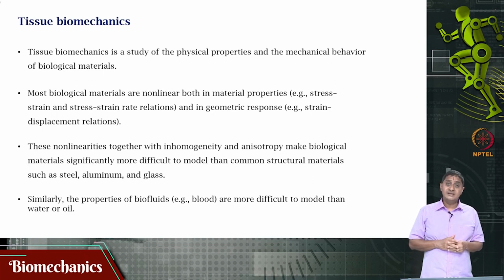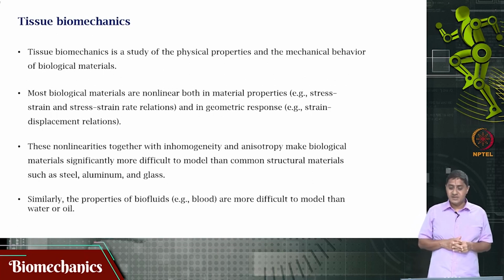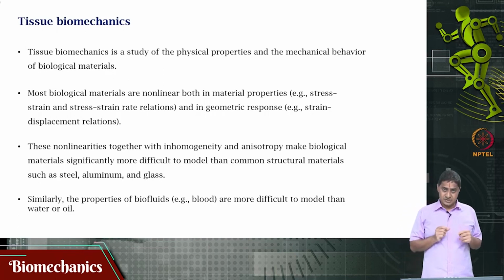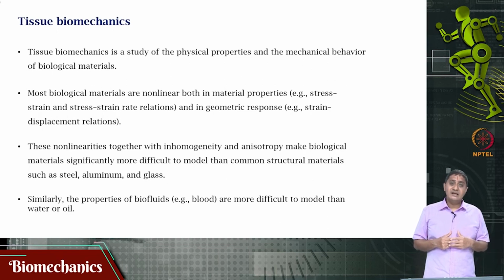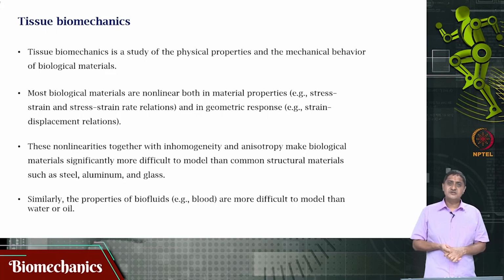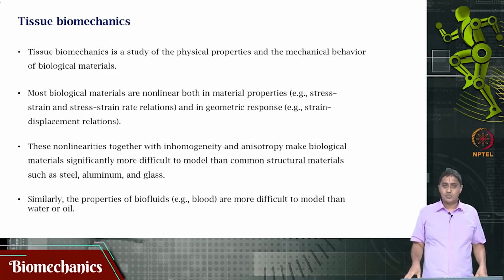The other one is isotropy. If I study a property in a particular direction and find a certain characteristic in that direction, the material has the same property in the other two dimensions that I have not studied. Such materials are isotropic.